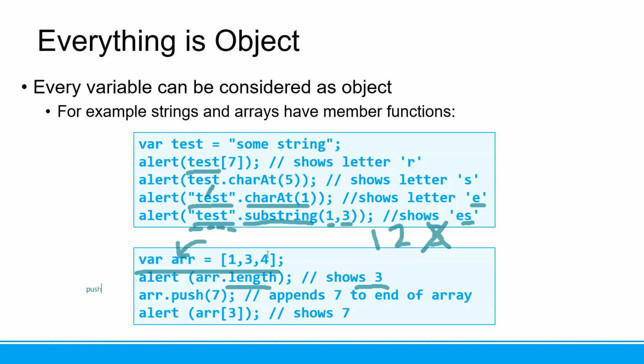Then there will be 1, 3, 4, 7. So 4 elements. If I want to know what is the element in array 3, it is the index 3. So if it is 0, 1, 2, 3. So the element in index 3 is 7. What is the new element we just added?